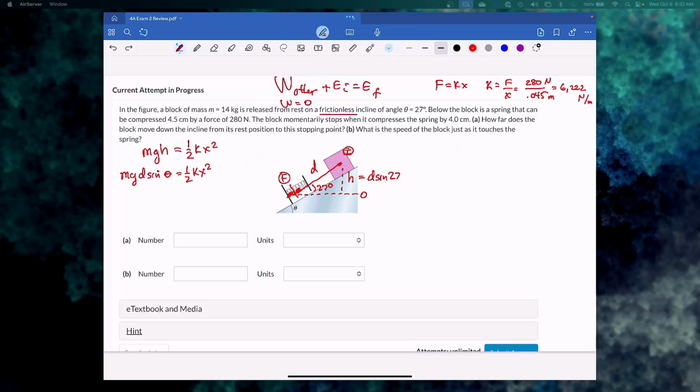So I'm going to divide by mg sine theta on both sides. A lot of stuff cancels on that side, and I get D. And over here I get a K and an X squared all over an M, a 2 and an M and a G and a sine theta.